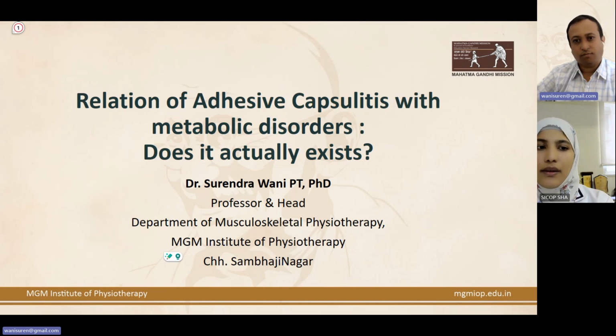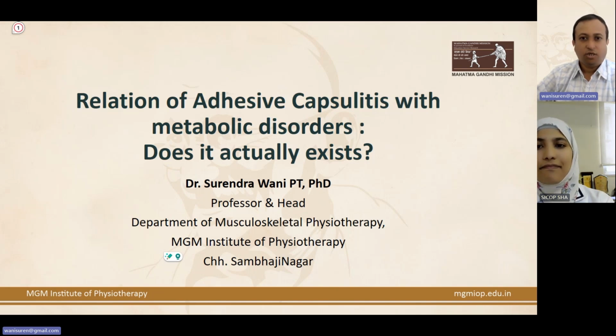And also check the medical reports for some metabolic disorder associated with these shoulder problems. That means it is always better to manage some associated metabolic disorder along with our physiotherapy treatment.